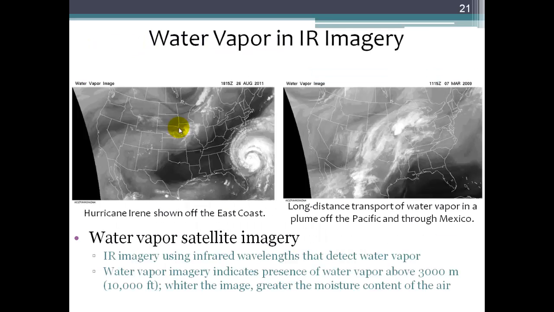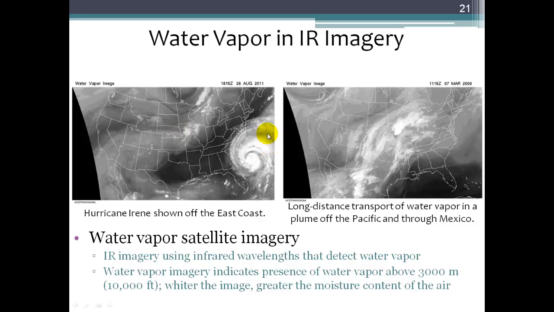Here we see water vapor in infrared satellite imagery. So we can attune our sensors on a satellite to read through the infrared spectrum that picks up water vapor. And that's what we see in these images.